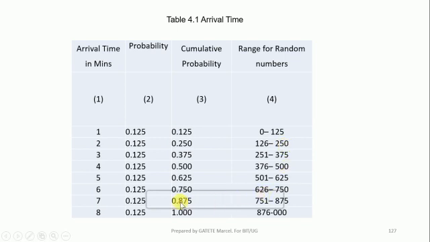I continue like this. The last will range from 876 till 1000. Instead of putting 1, you can put 1000, no problem, because this is the very last value.